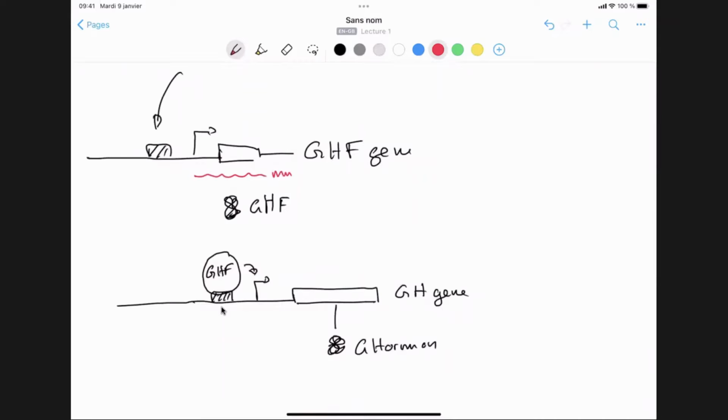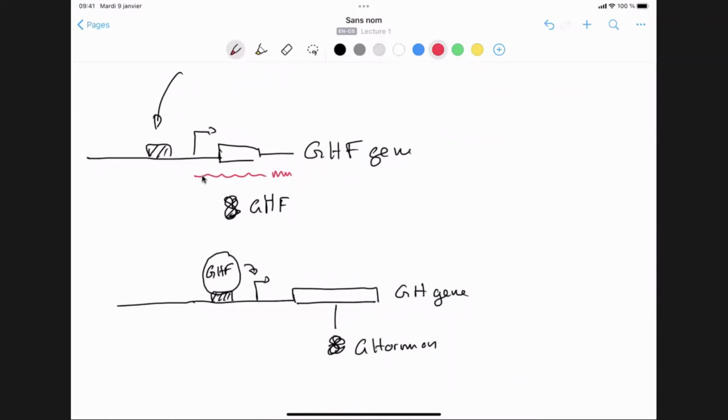So if I go back to your first proposition, you say GH cannot work because GHF is not working, is not transcribed. But if GHF is not transcribed, it means that the mutation in this dwarfed rat is coming from the promoter of GHF.